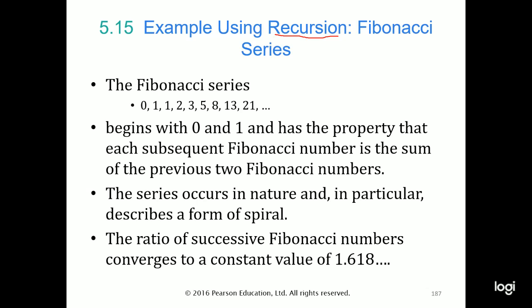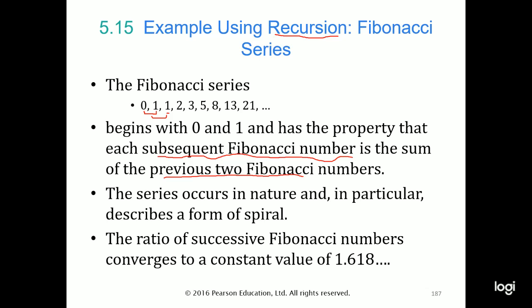a subsequent Fibonacci number that you see in this series is the sum of the previous two Fibonacci numbers. So if I'm looking at the number 1, it's going to be the sum of the previous two numbers in this series, which is 0 and 1. The sum of these two gives me the next number.